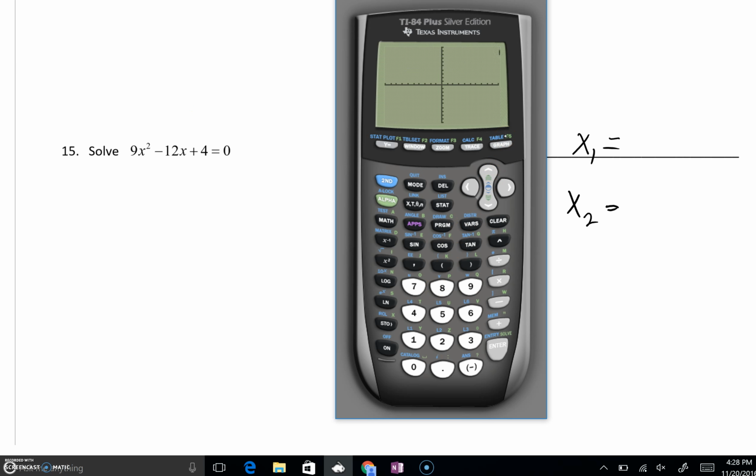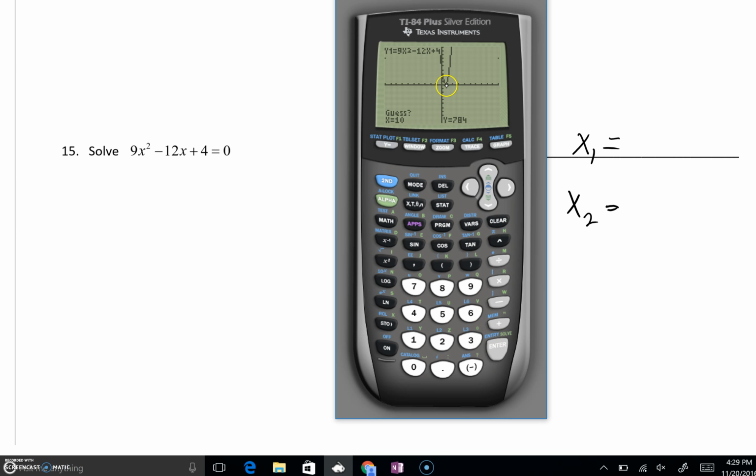Again, you're going to notice that it looks like our parabola is only touching at one point. That's a double answer. Your answer would be written down twice when that happens. So we could hit second calculate, go to the 0 tool. We'll guess that the left bound is -10, right bound is +10.